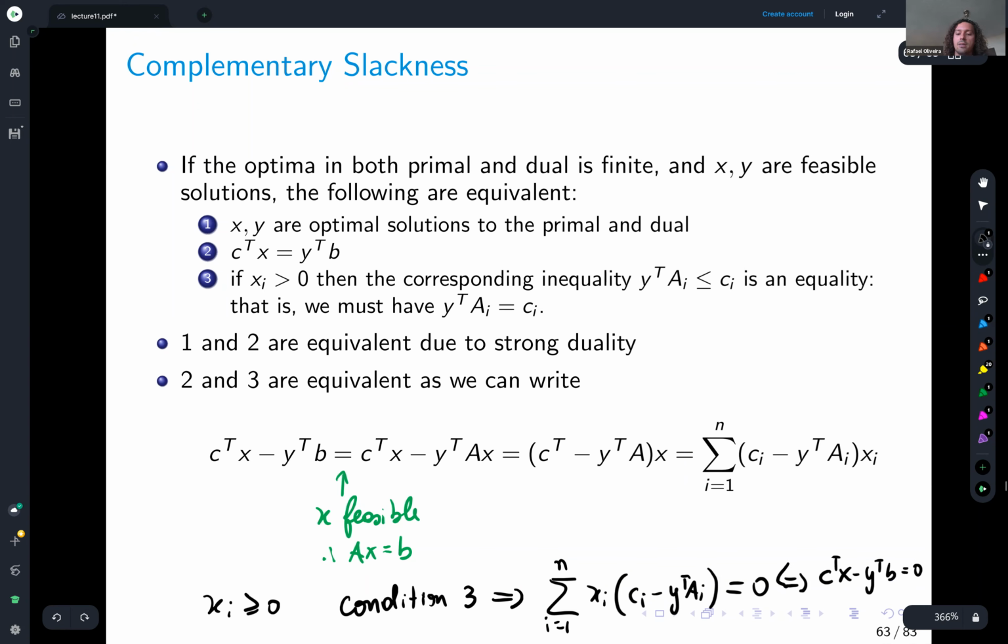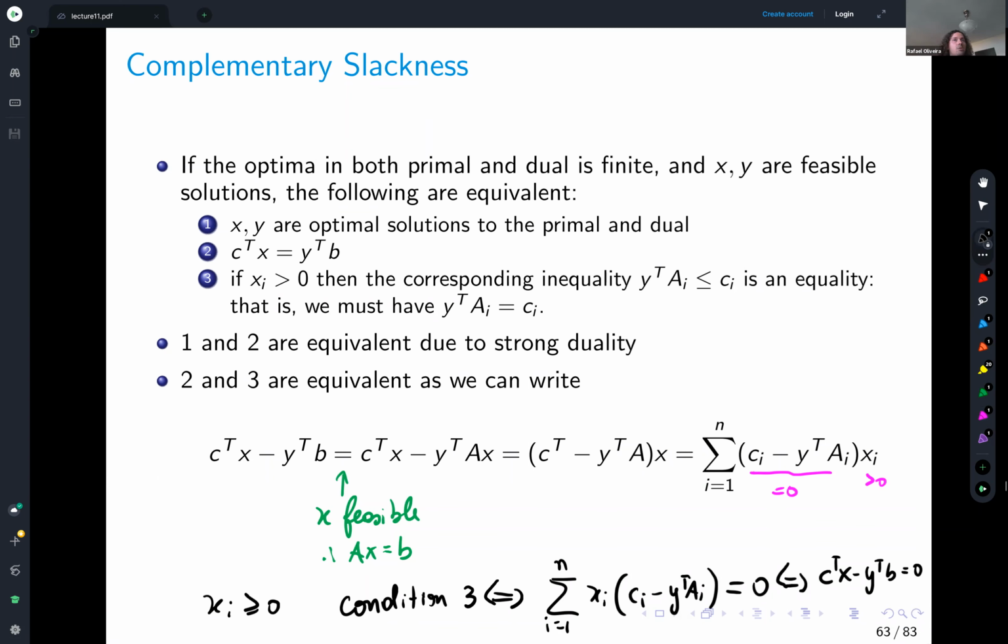Well, it's equivalent, because if x_i is bigger than 0, then condition 3 is telling me that this must be equal to 0, so when I sum, I get exactly 0. Does that make sense? So this is what complementary slackness is.